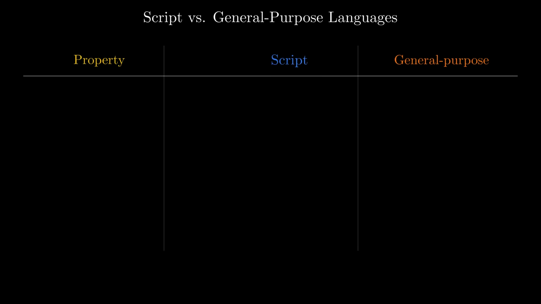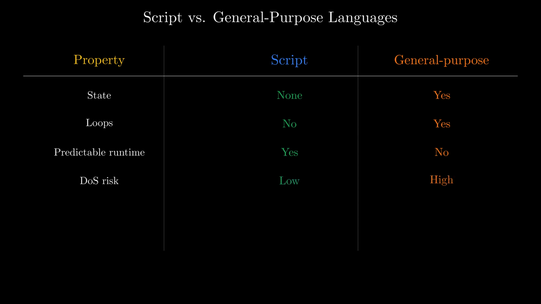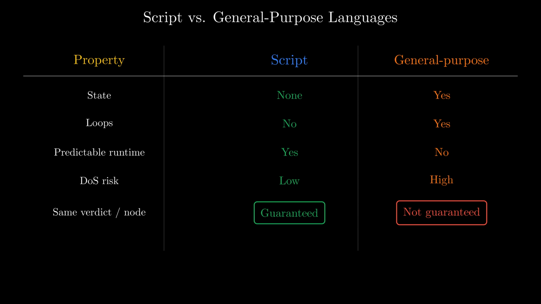Script is also stateless. Nothing persists before execution, nothing persists after. There's no global memory, no shared variables between scripts. Every script runs in a clean environment with only the inputs it's given. This guarantees determinism. If your computer evaluates a script as valid, every other computer running Bitcoin will reach exactly the same verdict.